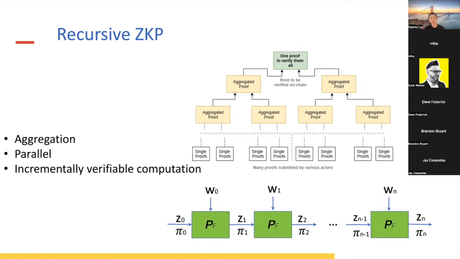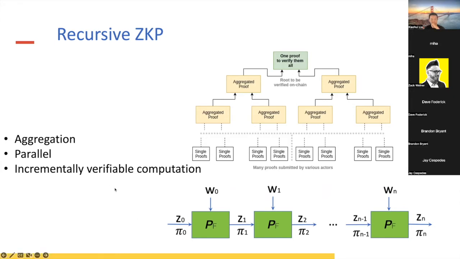And then what you can do is, instead of doing this gigantic computation, you just cut it into small chunks. And then for each chunk, you generate a proof. So this is the third one I've come to here. Basically, you can incrementally verify some gigantic computation for which you cannot generate a proof otherwise, because it's going to be too big.